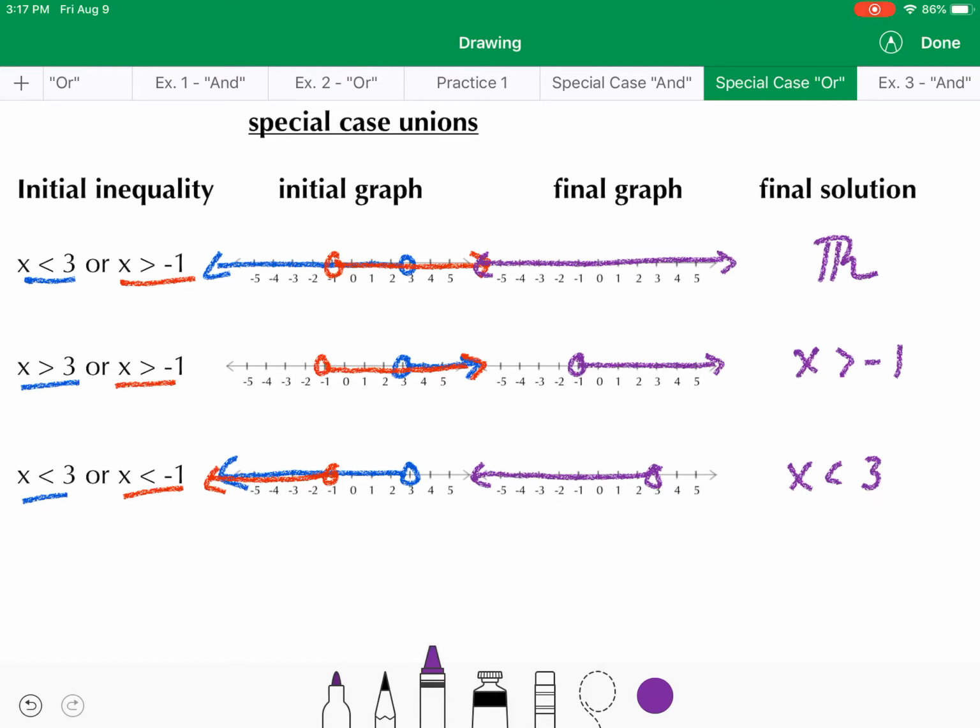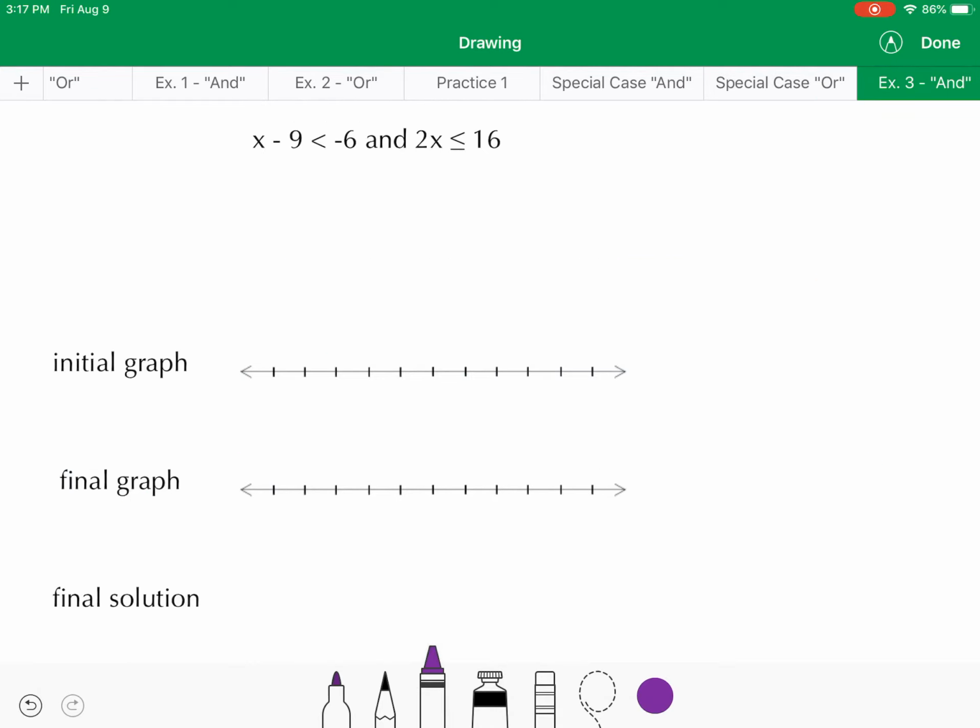All right, so notice how those last two examples, and it was the same with the last two examples on the intersections, that sometimes what's presented as a compound inequality can really be rewritten more specifically as a simple inequality. All right, let's see these show up in some examples.